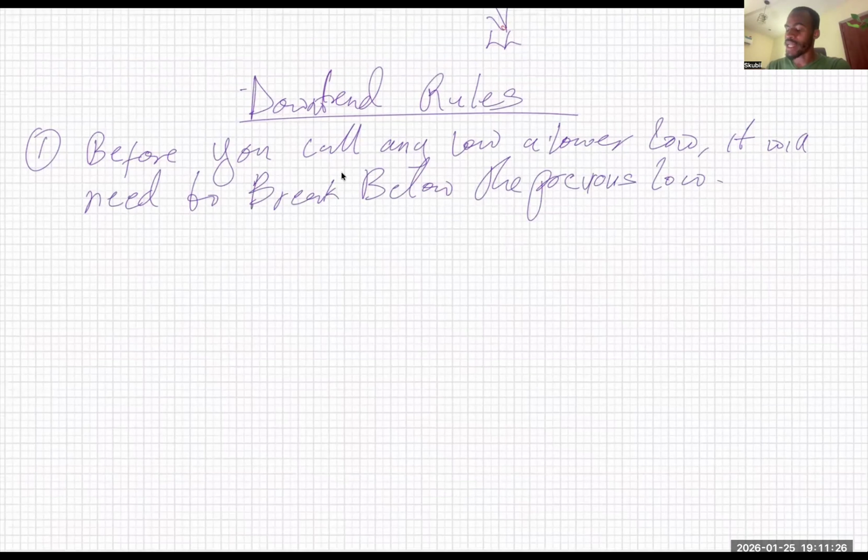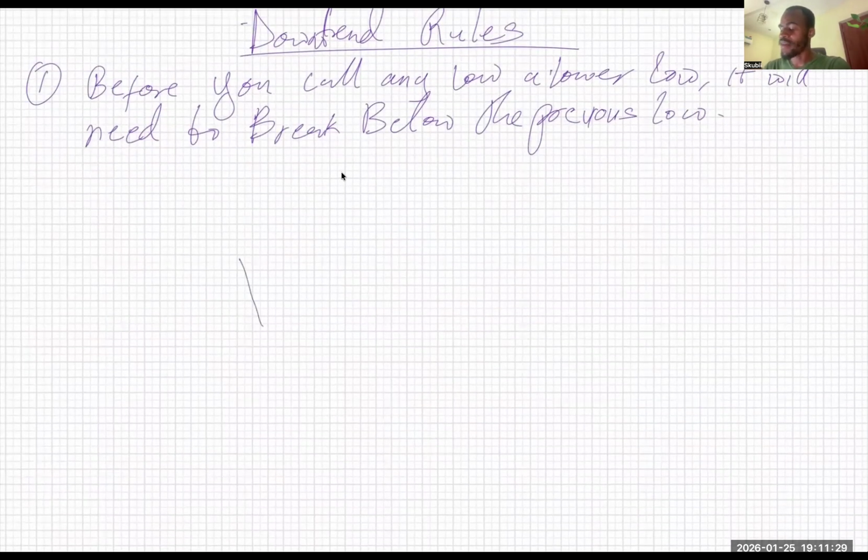Now, what I mean by this is that if I'm having a downtrend like this, before I can call any low a lower low, it will need to pass this last one to the downside. Do you get? If it just stops here, then it's an equal low. It will have to what? Break below before I can say, oh, this one is a lower low.